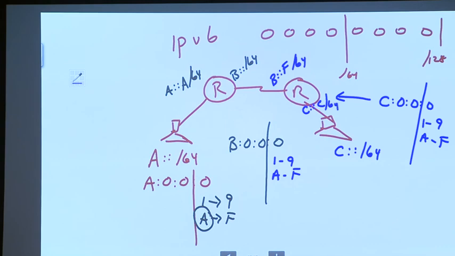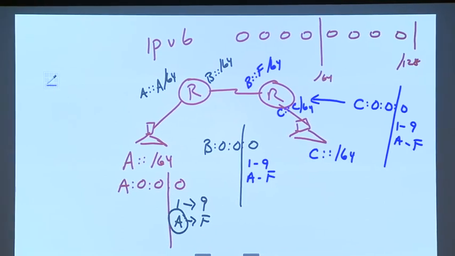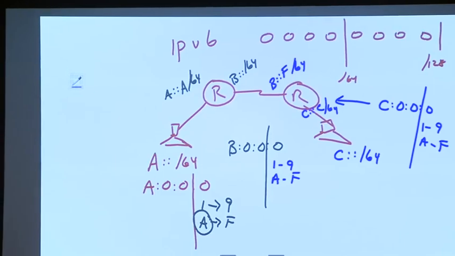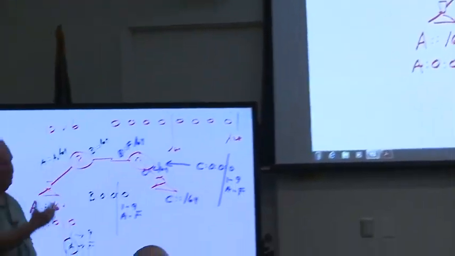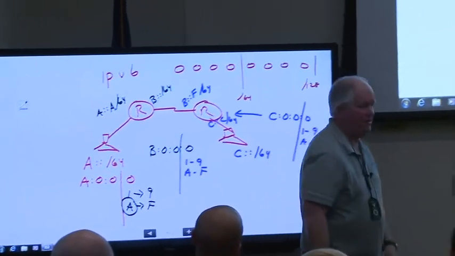That's what we did. That's how easy it is. You're looking at that 4th block as belonging to you. As long as you don't repeat the 0, it can be any one of these choices. 1, 2, 3, 4, 5, 6, 7, 8, 9, A, B, C, D, E, or F. Any one of them will be in the same subnet. Okay? That's how easy IPv6 is.